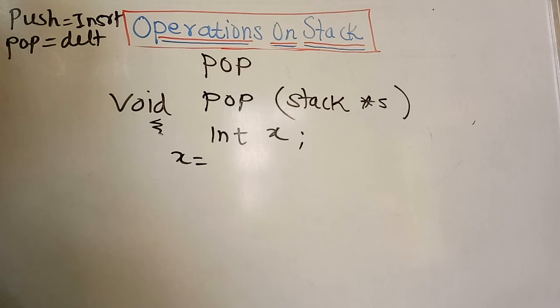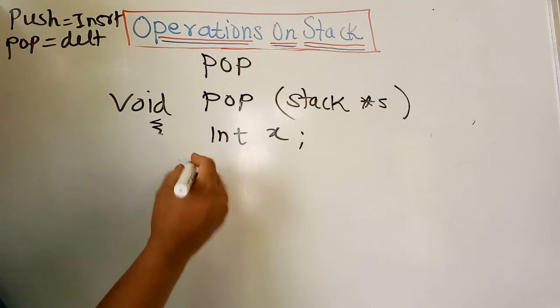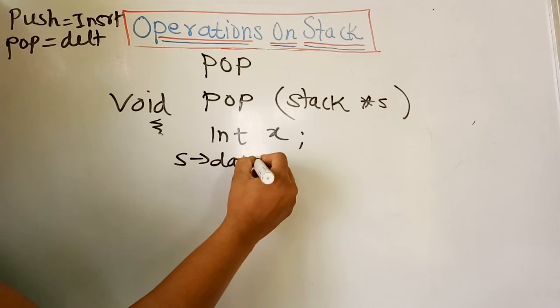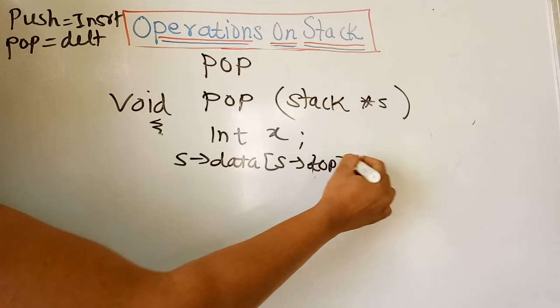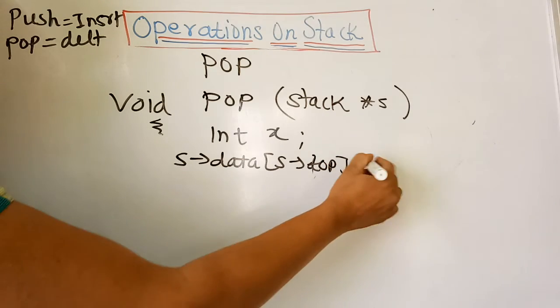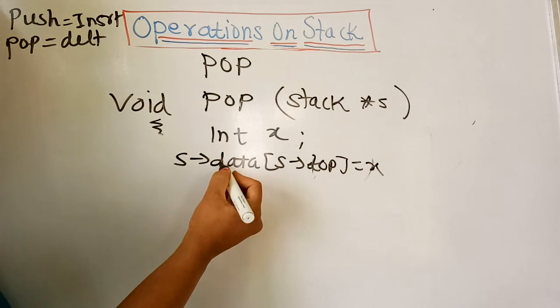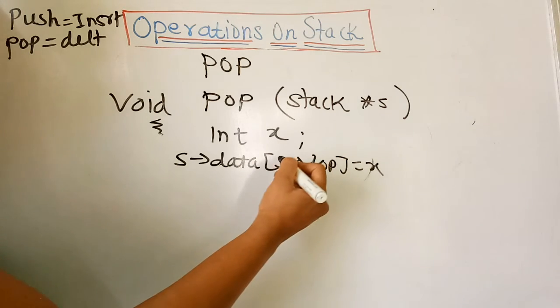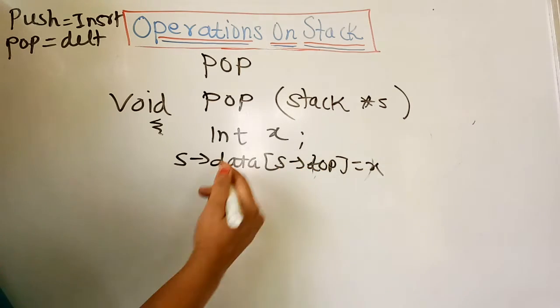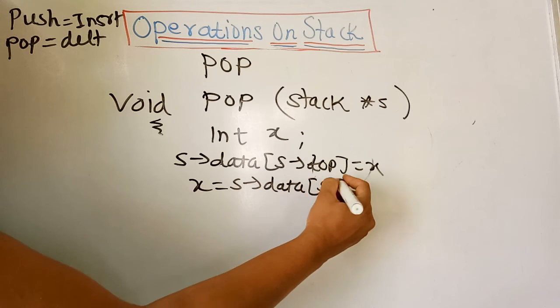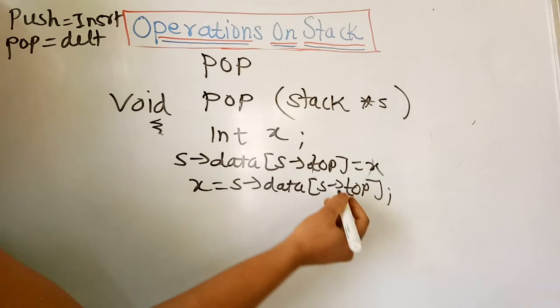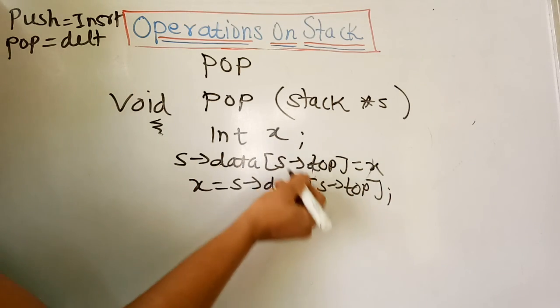For example, how do we carry out the data from the stack? Like we inserted the data into the stack: s pointer data of s pointer top equals to 1. Likewise, we only have to reverse this case. By this case, x will be inserted into this. If we change the condition to x equals s pointer data of s pointer top, then it will take out the data into x, meaning it will pop the data.